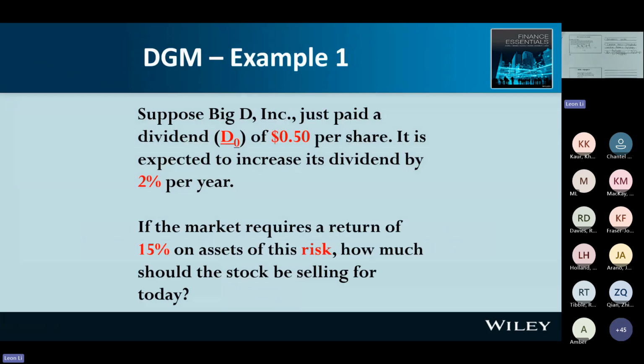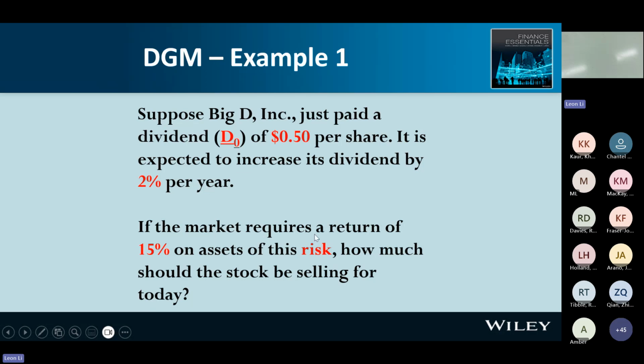So this is our example 1, DGM example 1. We have a company that just paid a dividend. That means the dividend is D0, $0.5. And it's expected to increase its dividend by 2% per year.